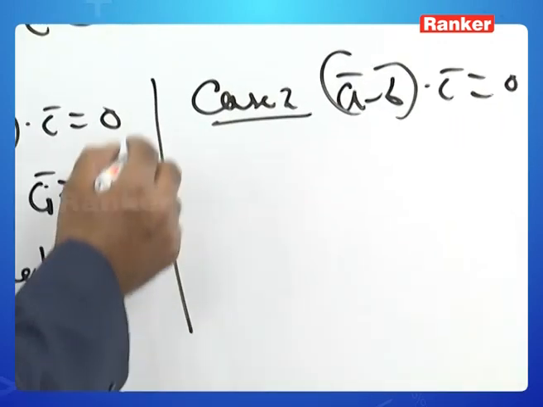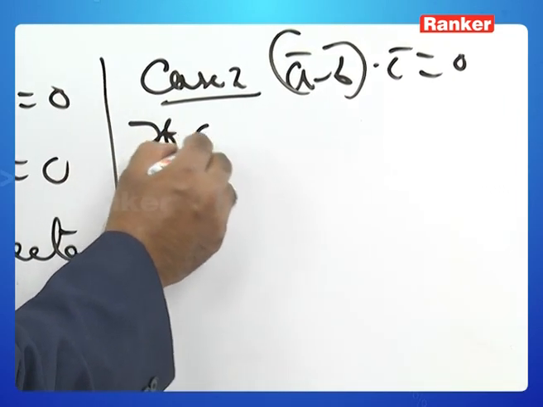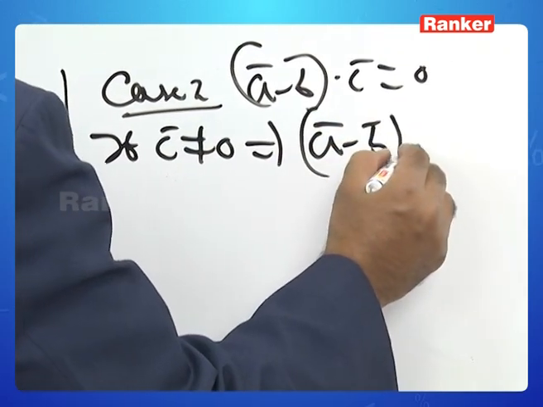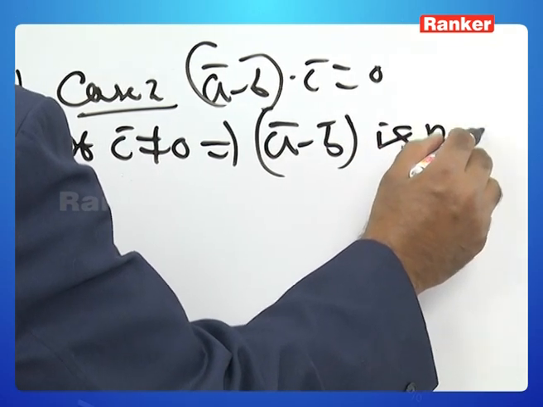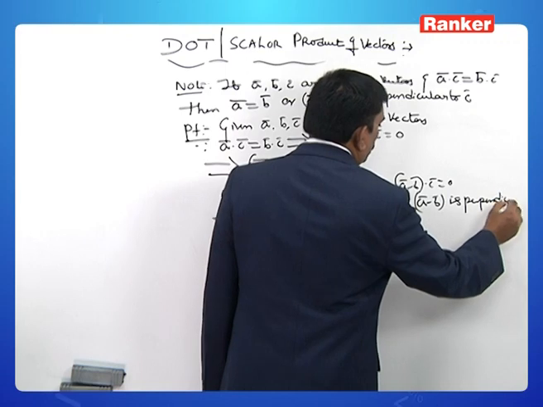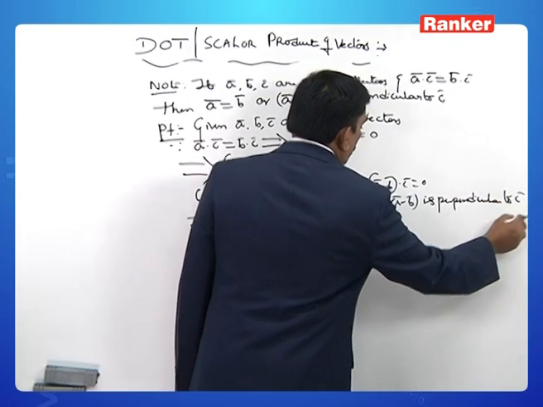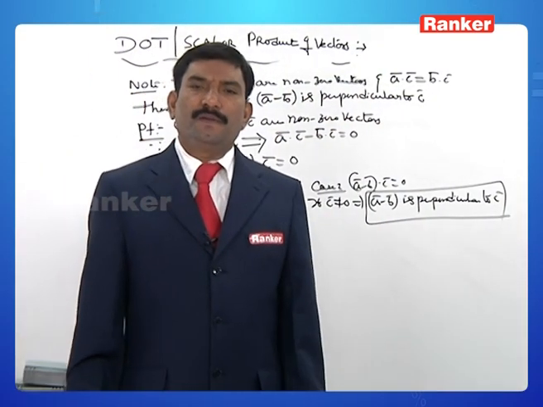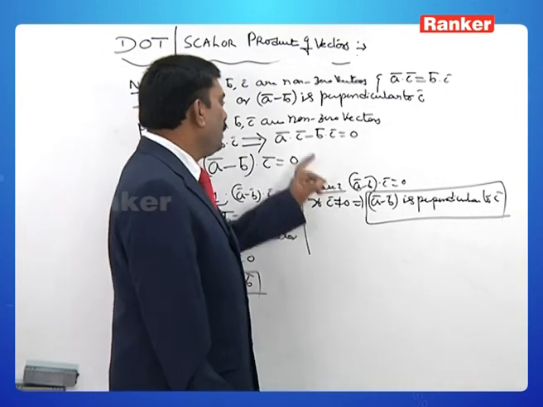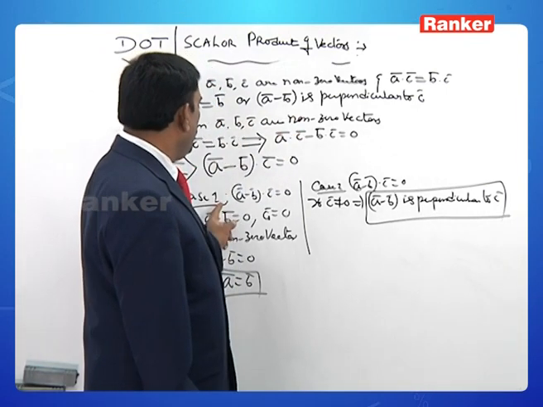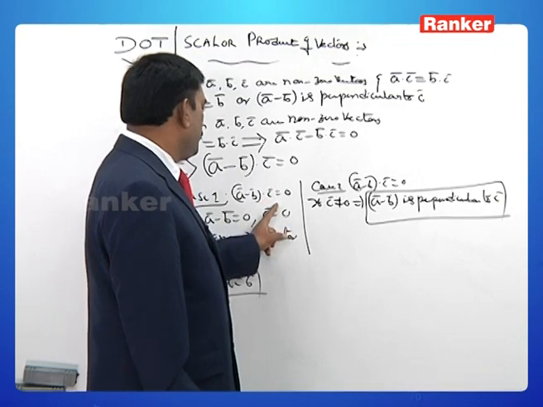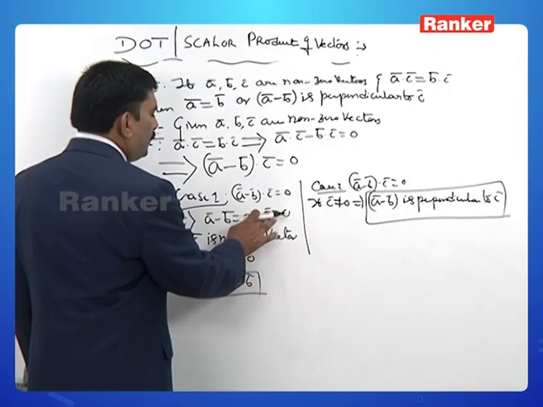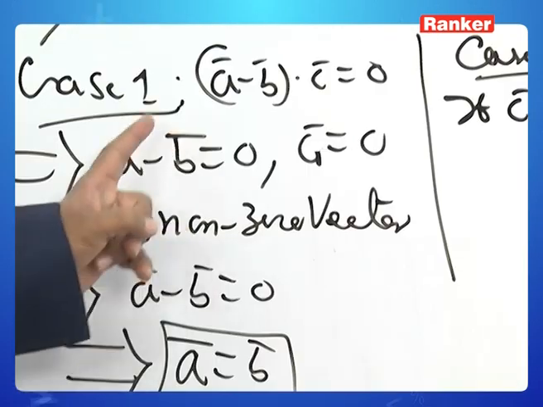Next, now if C bar is not equal to 0, then A bar minus B bar is perpendicular to C bar. Now according to this, if A bar minus B bar dot C bar is equal to 0, then one of them must be equal to 0. Since C bar is a non-zero vector, this is not equal to 0.